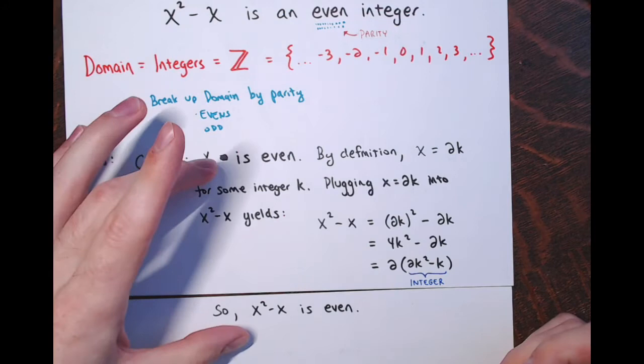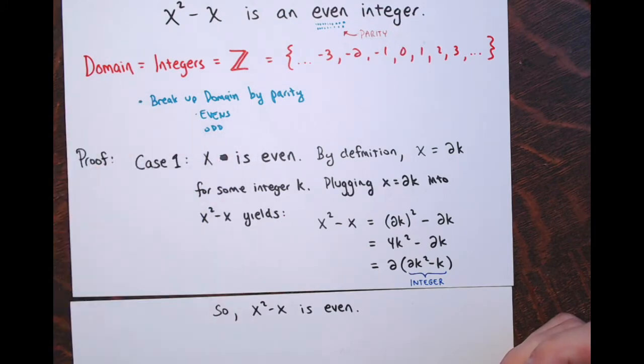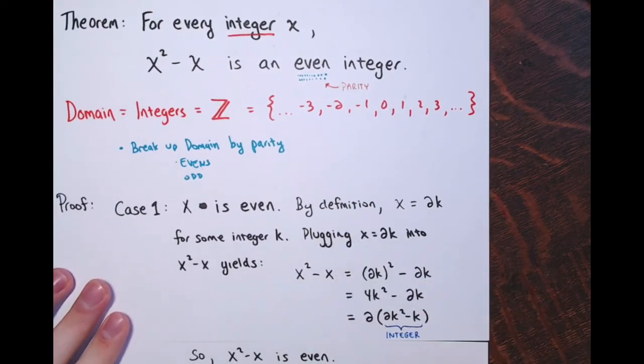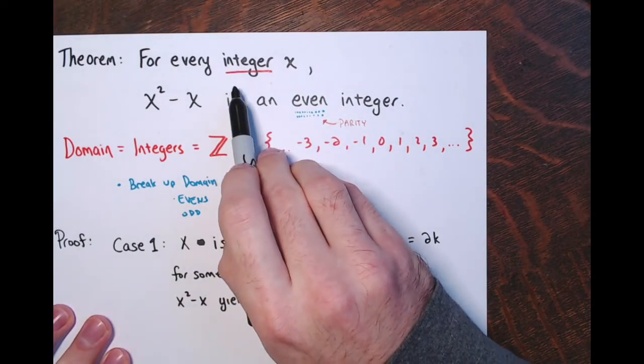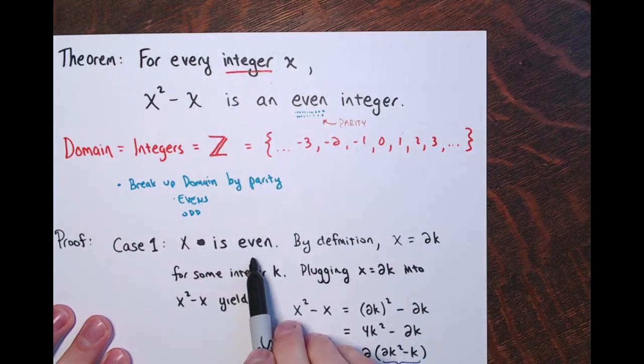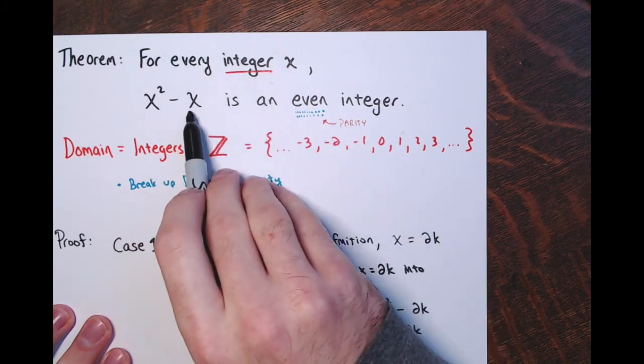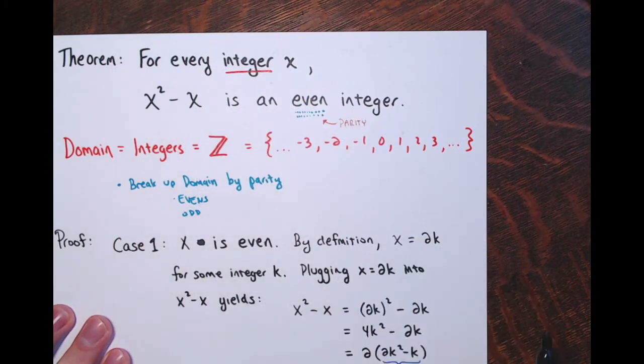This case is over, but the whole proof isn't over. So I've only proven this statement is true for even integers. For every even integer x, x squared minus x is even. That's what I've proven right here.